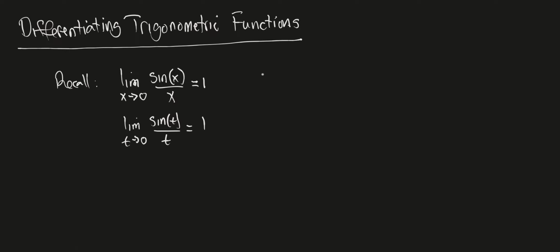We proved that one using the squeeze theorem. And the second one, which we proved using algebra and a couple of trig identities, is that the limit of cosine x minus 1 over x as x approaches 0 is equal to 0, right? Now, let's say I multiplied the left-hand side by negative 1, and I multiplied the right-hand side by negative 1.